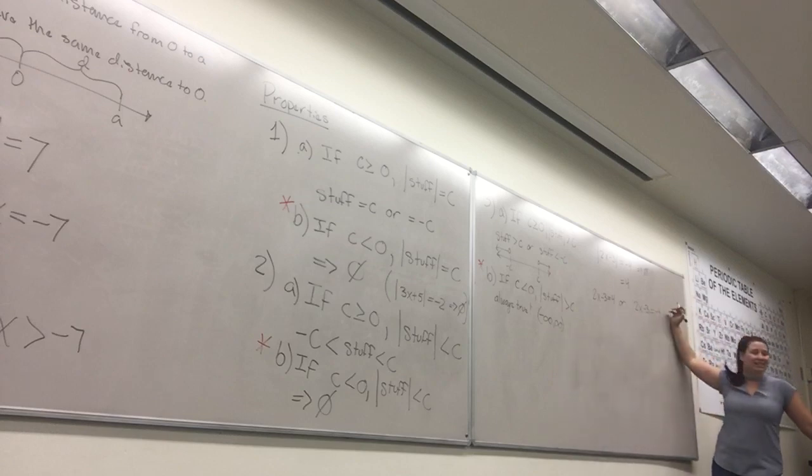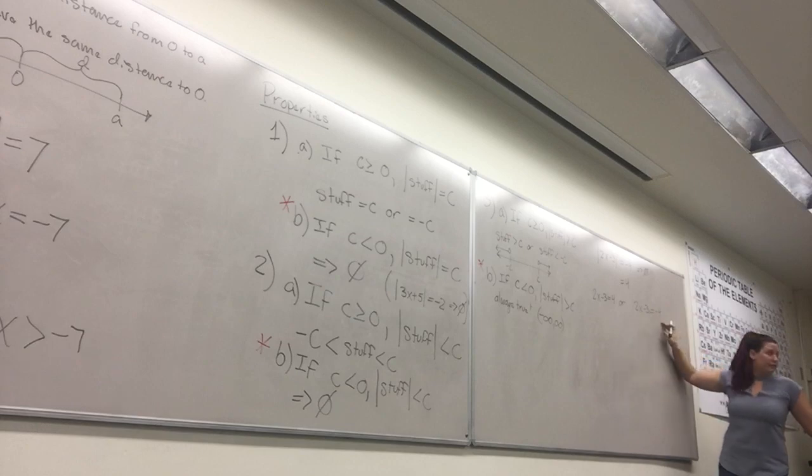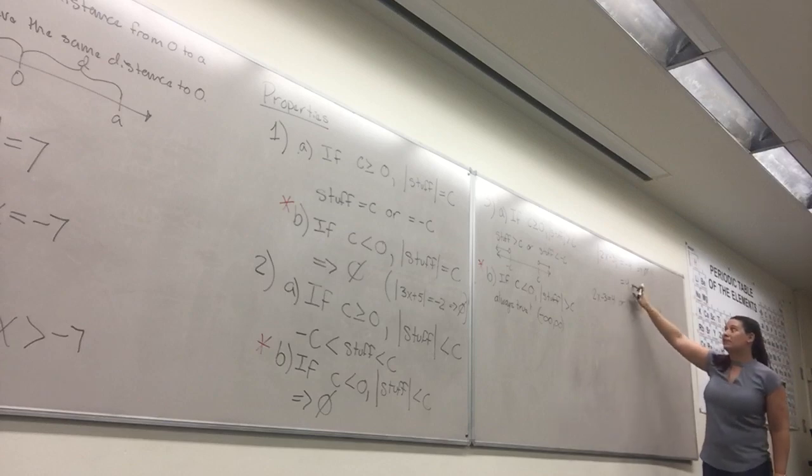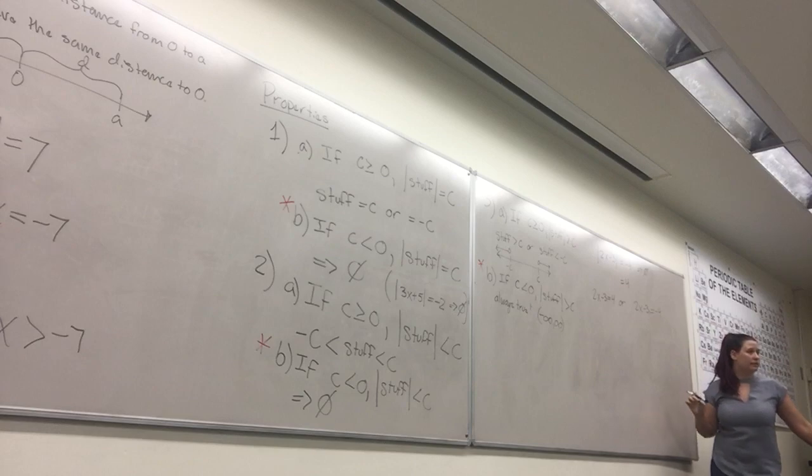This is always how you get rid of the absolute value signs. You do the positive and the negative version, okay? Meaning by that, you do the same sign and the opposite sign, okay?